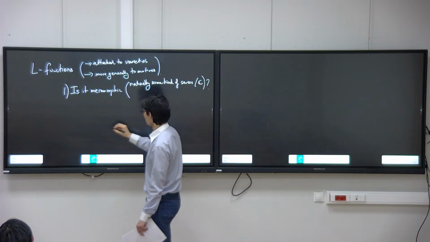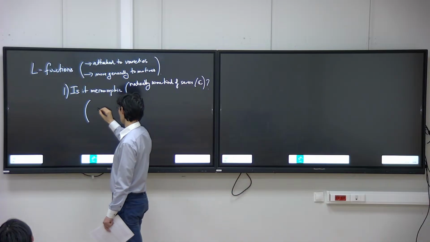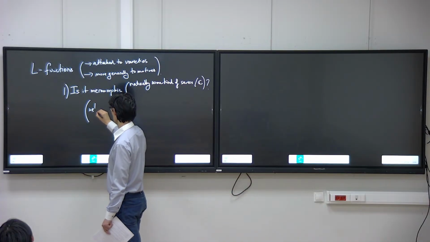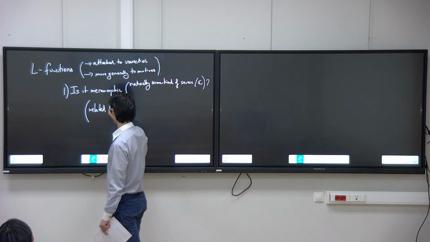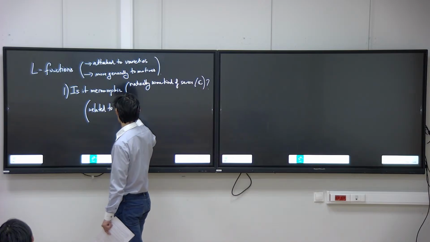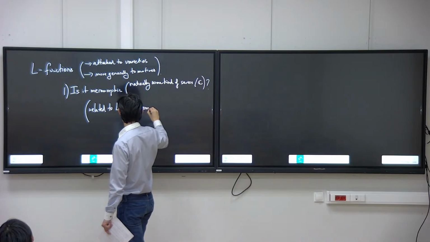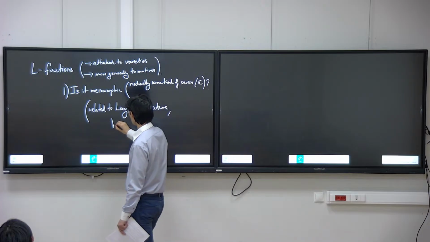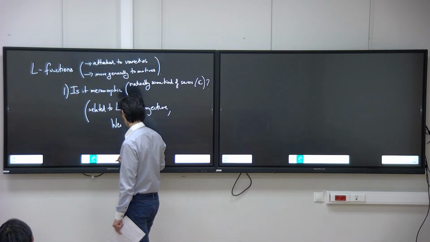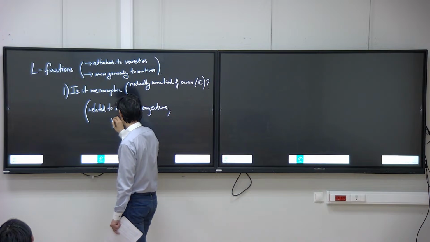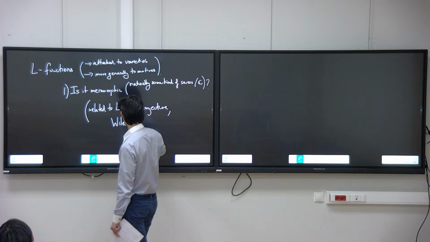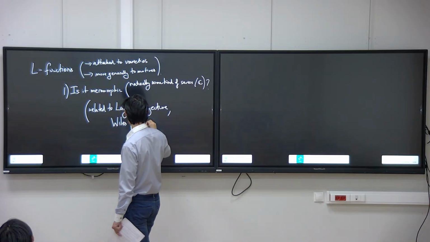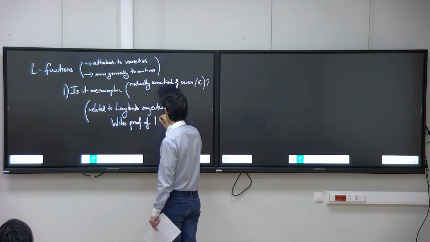Basically, this is the content of the Langlands conjecture, so it's related to the Langlands conjecture, and also to Andrew Wiles' proof of Fermat's last theorem.